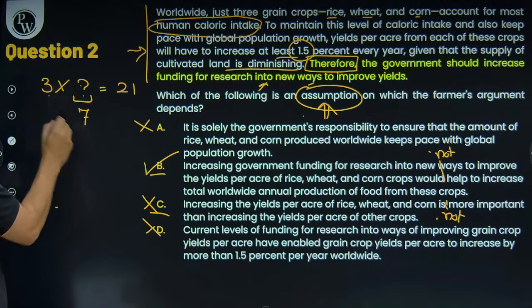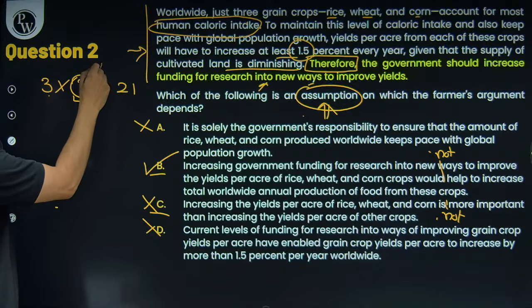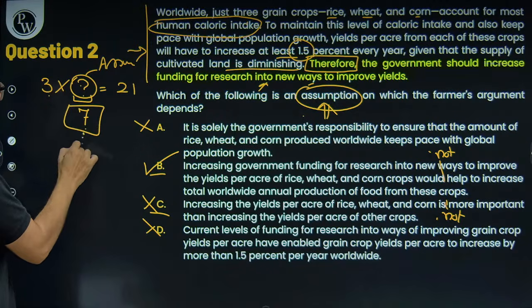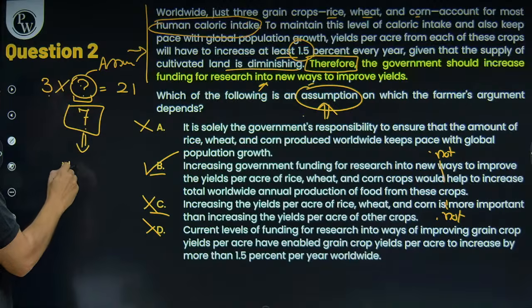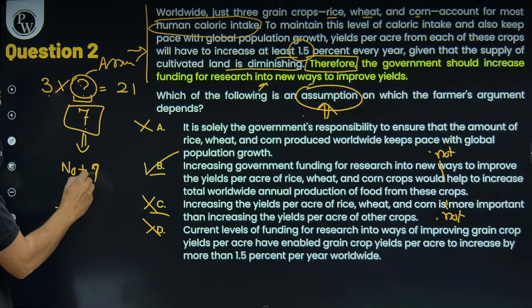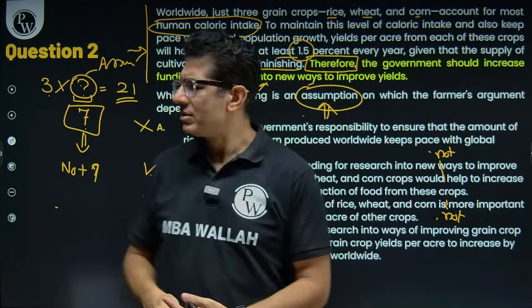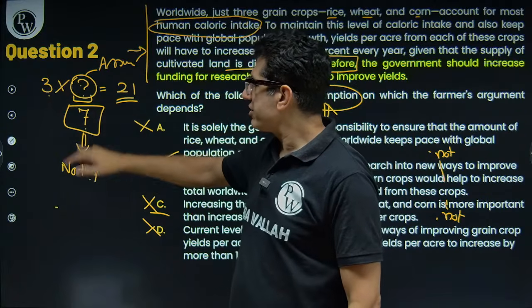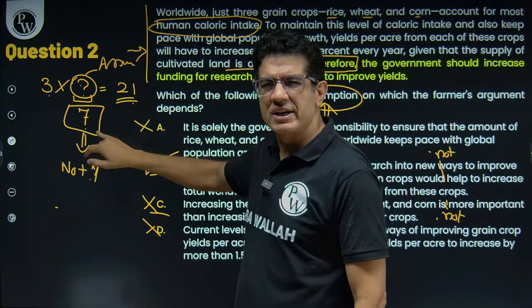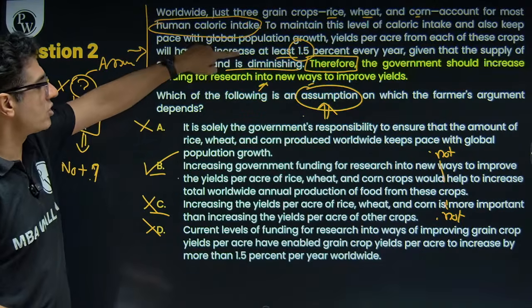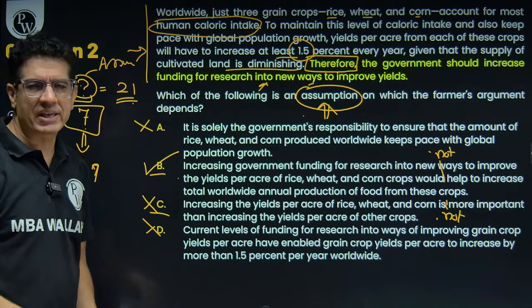So that unstated part is your assumption. Now if I tell you that the number here is not 7, then can we ever get 21 as an answer? No. So if I don't put 7 here, I can't get this answer. So that tells me 7 is necessary. Similarly, if I don't put B here in this argument, I will not be able to get this answer.